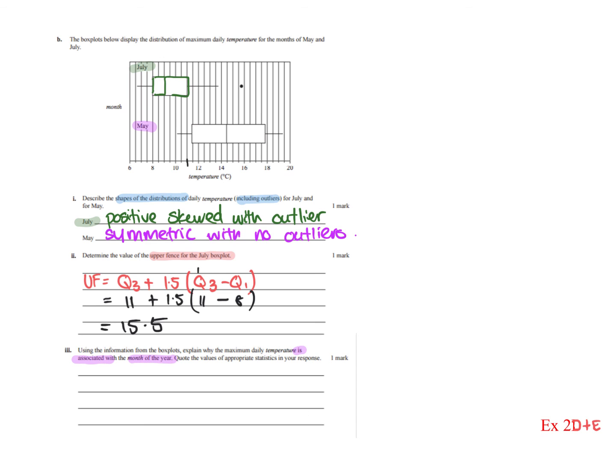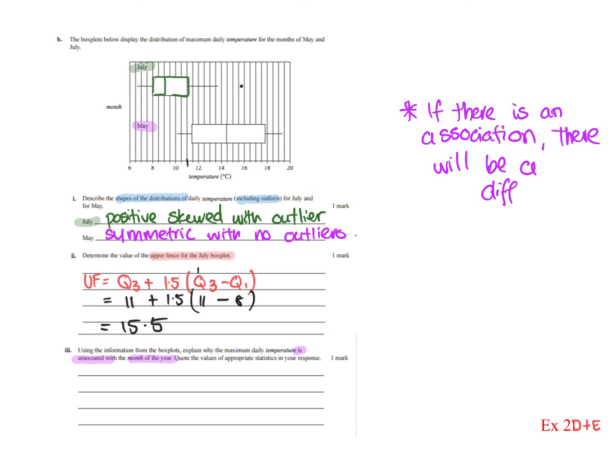So just so you know, if there is an association, there will be a difference. What I mean by that is, look at the medians. You could look at anything, but mainly we look at the medians.